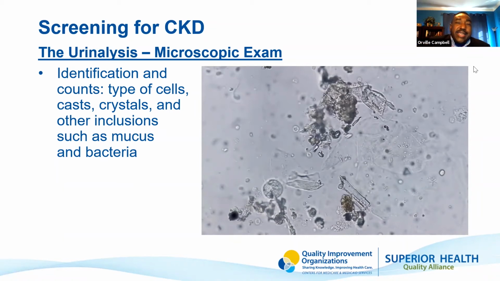The liquid is decanted, and then that button, or the sediment, is placed under a microscope, and it will analyze the type of cells, casts, crystals, or other inclusions such as mucus and bacteria.